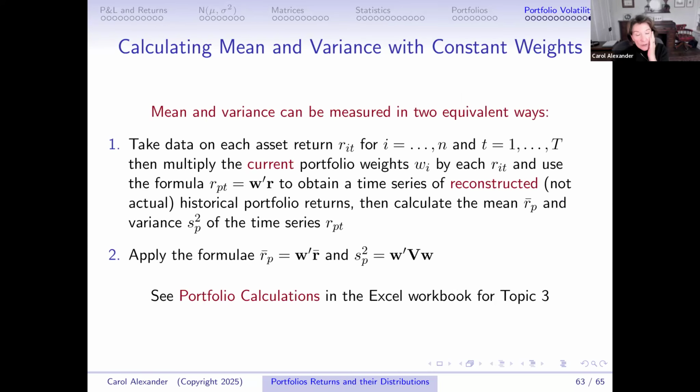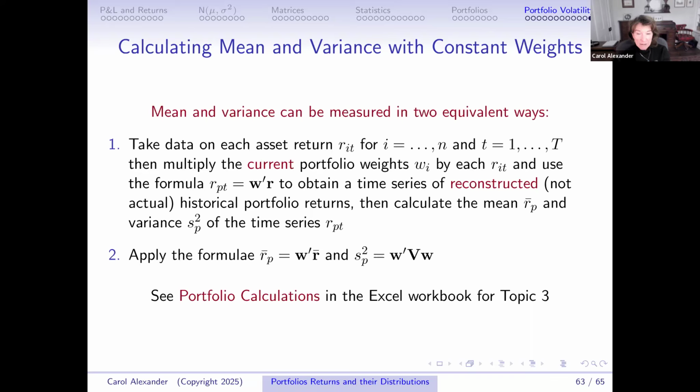So finally, we're going to have a look at the Excel spreadsheet where we calculate the mean and variance in two equivalent ways. One is, and this is with constant weights, one is to take data on each asset return and multiply the current portfolio weights by each of the returns and use that formula that the return on the portfolio is W prime R. And it's going to be a time series.